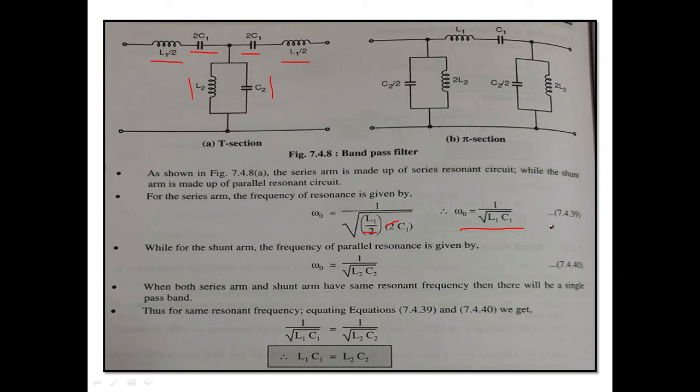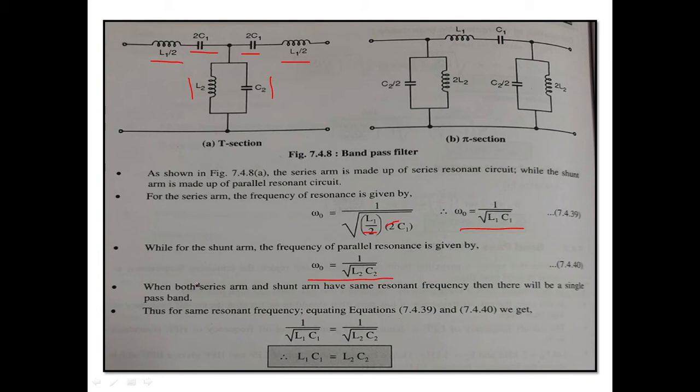And for the shunt arm, the frequency of the parallel resonance is given by omega 0, which is equal to 1 upon root of L2 C2. When both the series arm and shunt arm have the same resonance frequency, then there will be a single pass band.